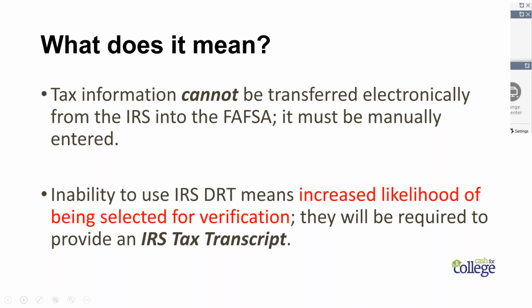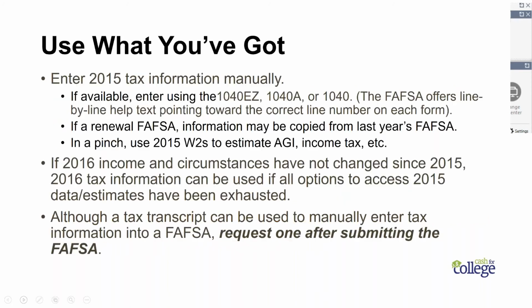So I'm going to go over what that process looks like, just in case you do have a student that gets selected. And more than likely, you'll see this at some point if you're working on FAFSA with students.